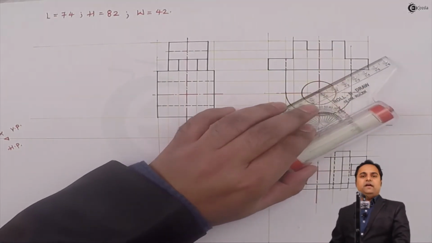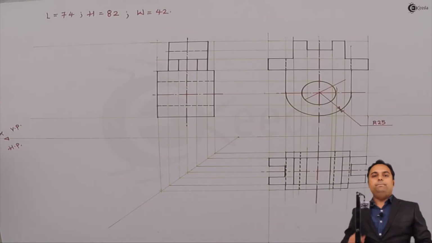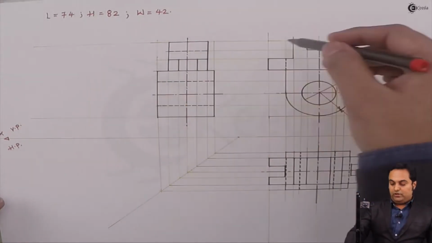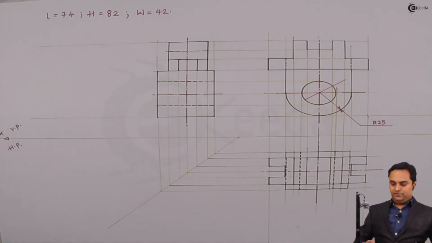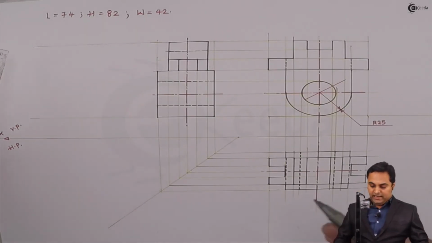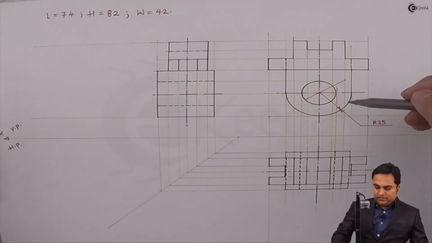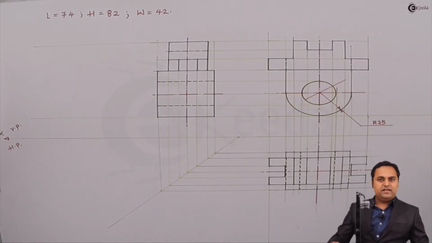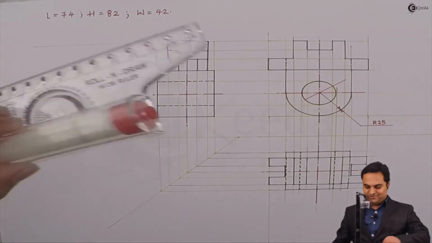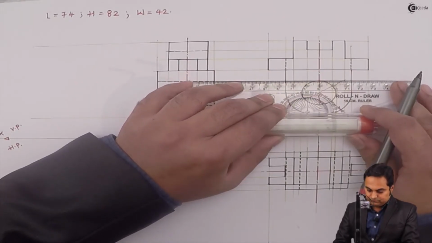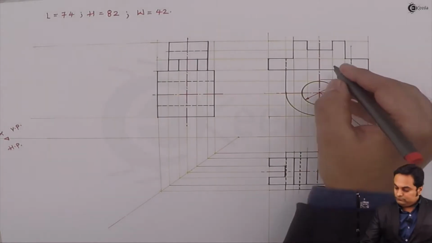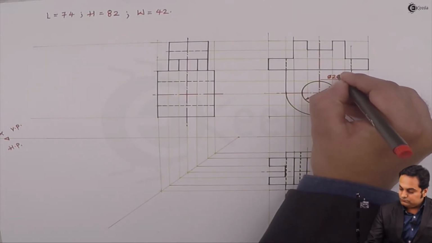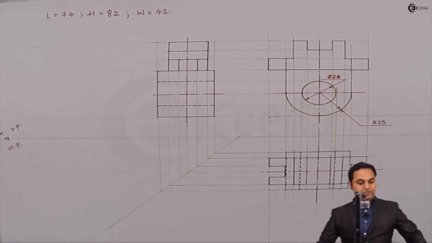And while giving the dimensions, keep them medium dark. Compared to the outlines, the dimension line should be medium dark, less dark. So here, as a color difference, I am using black for the dark lines and red for medium dark lines. Diameter is 26 mm.